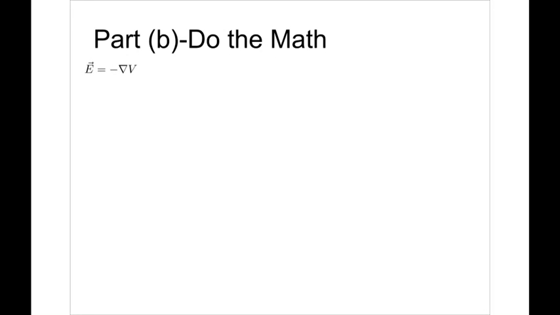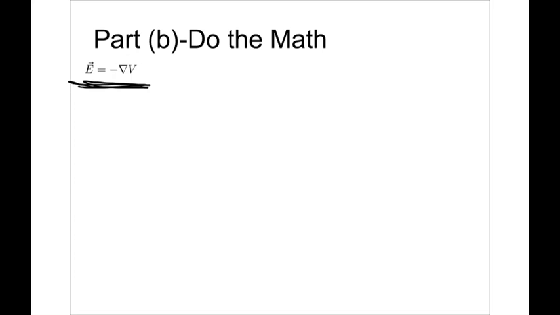So in this part of the question, we have to find the electric field inside the cylinder. We're going to use this very useful piece of information. E is equal to the negative gradient operated on this V scalar. So E being the electric vector field, and V being the scalar electric potential.